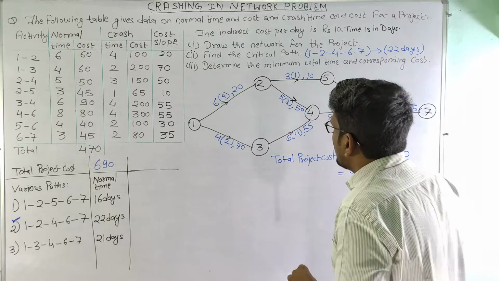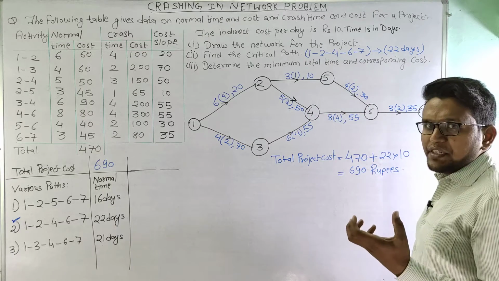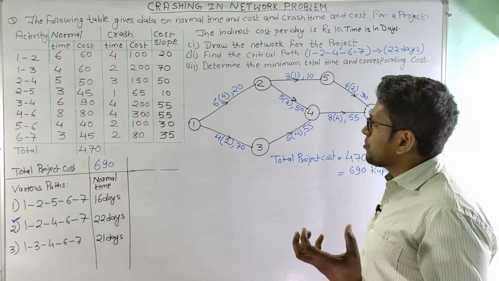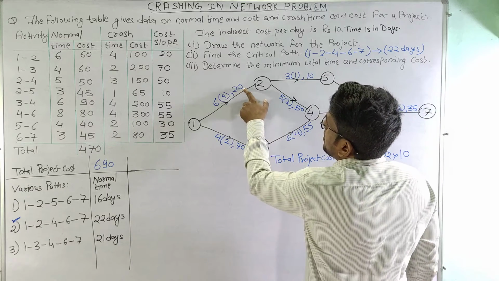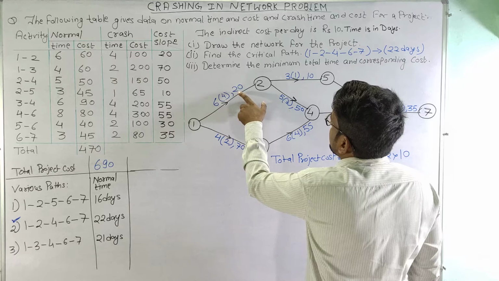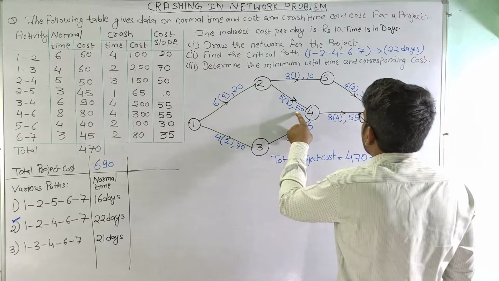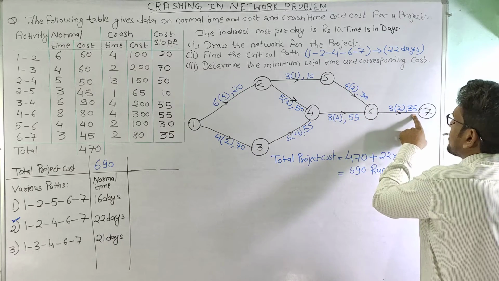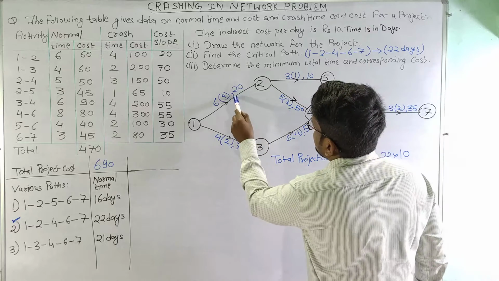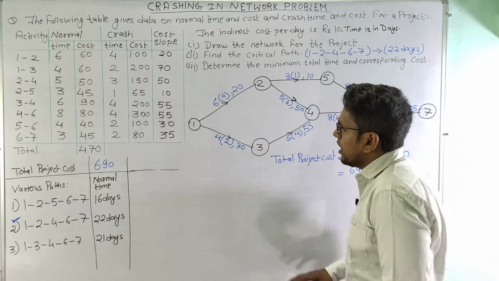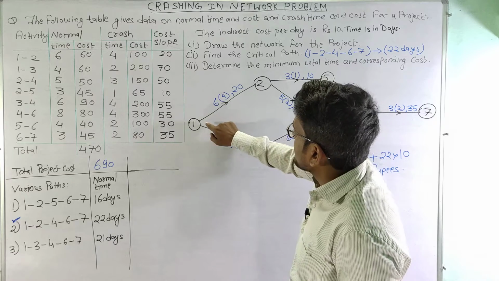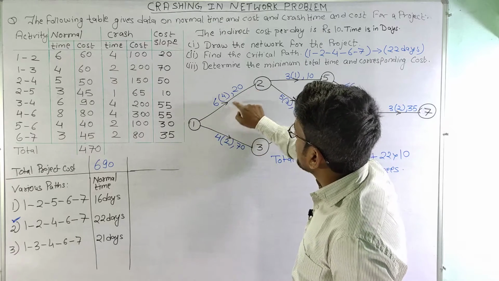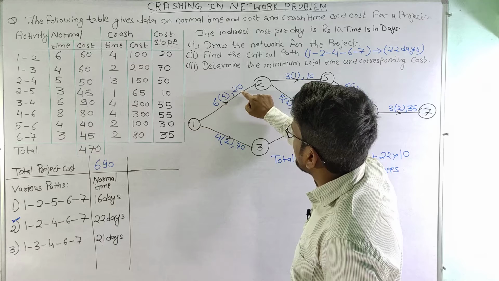Among these the activity which is having the least cost slope, that means the least increase in the cost per unit time. So this is 20, this is 50, this is 55 and this is 35. So 20 is the least value, and now it has been decided that we are going to crash activity 1-2 because it has the least slope.